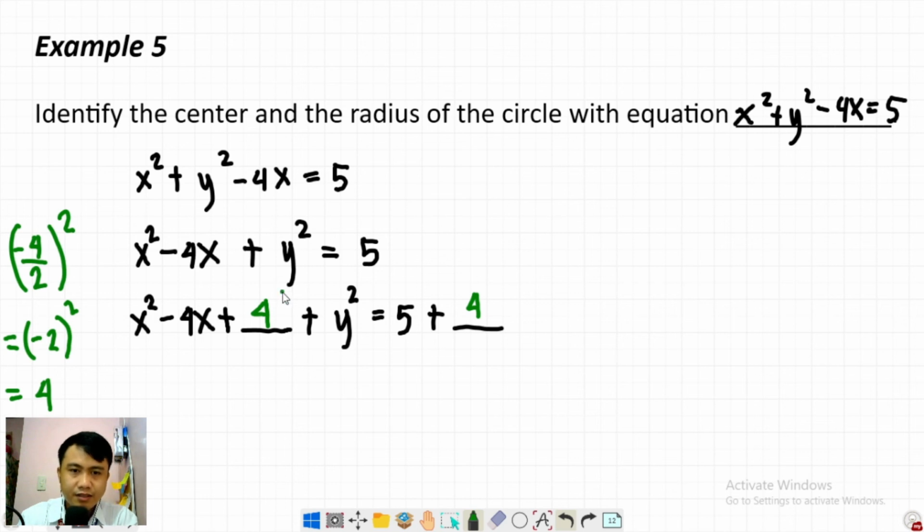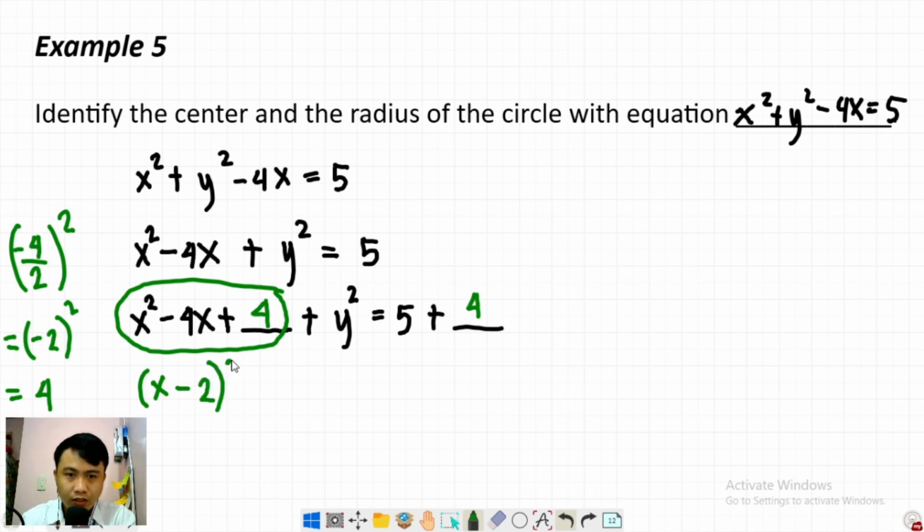Since this is already a perfect square trinomial, pag ilalagay natin to as a square of binomial, you're just going to square root nitong x squared or just copy the x and copy the operation and square root ng 4 is 2. And then square nyo.